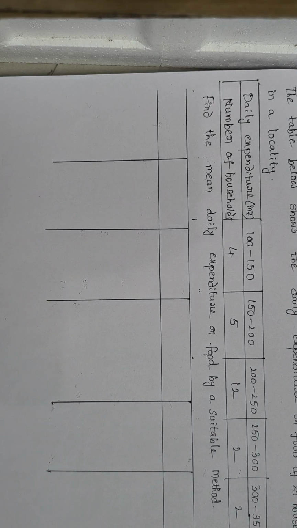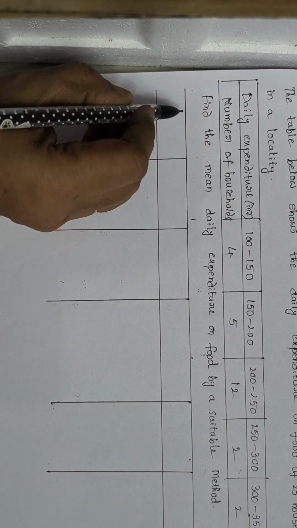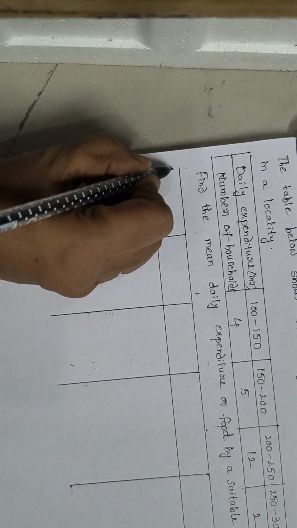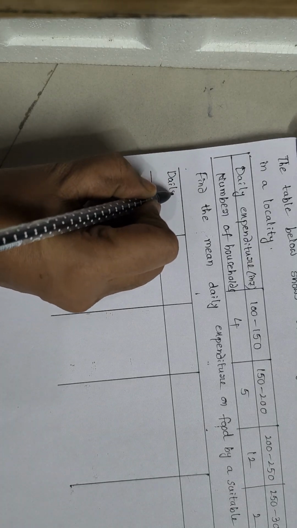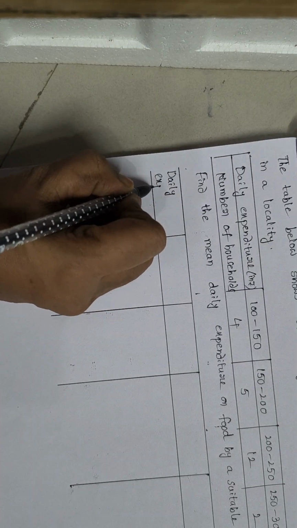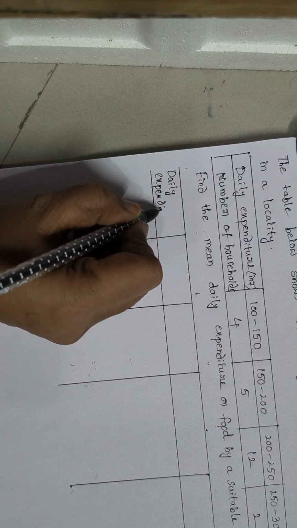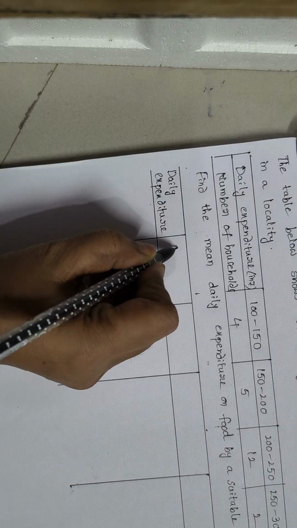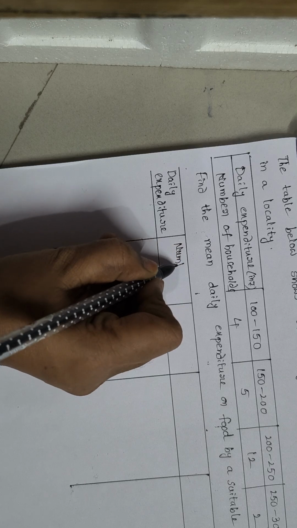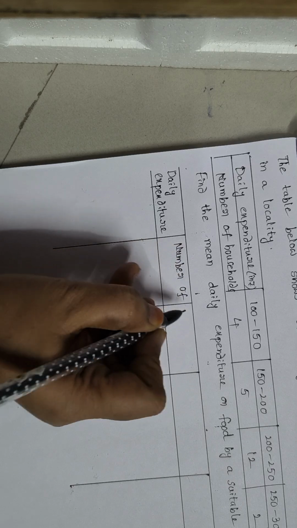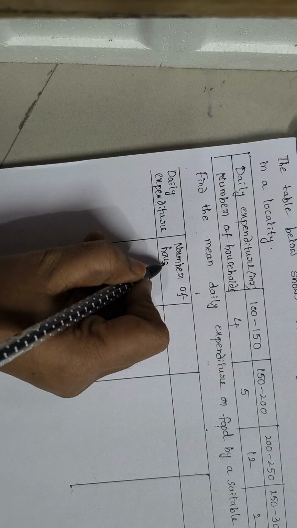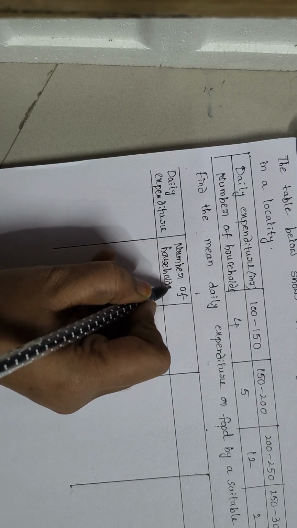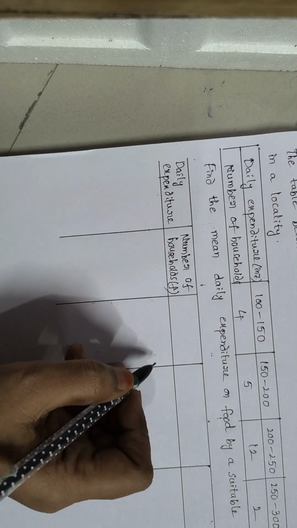Now take the table, write the table like this: daily expenditure and number of households. This is the frequency f.